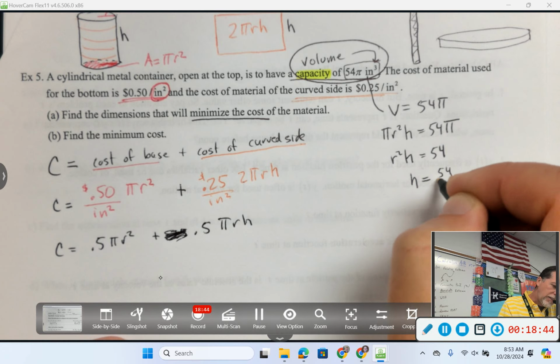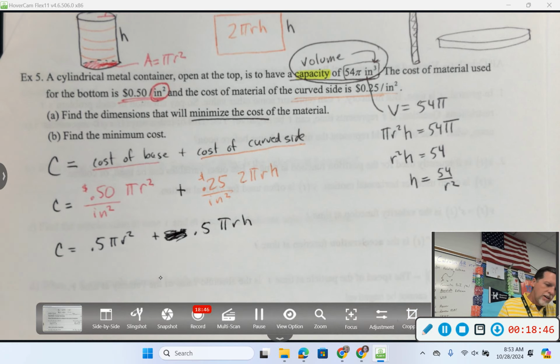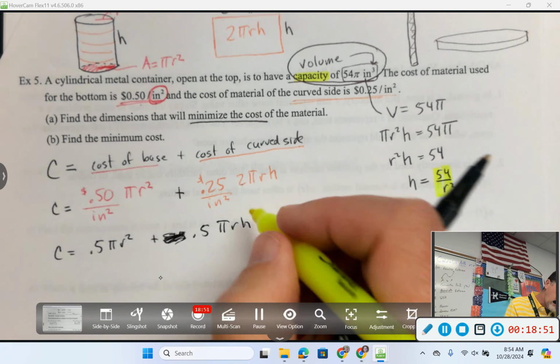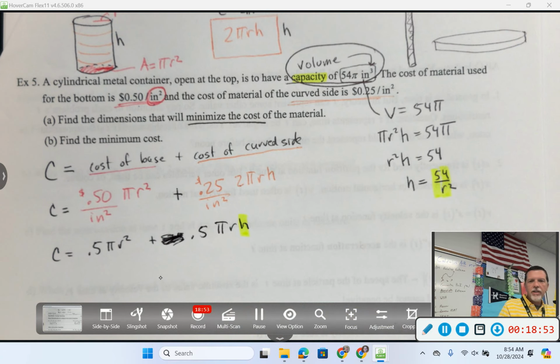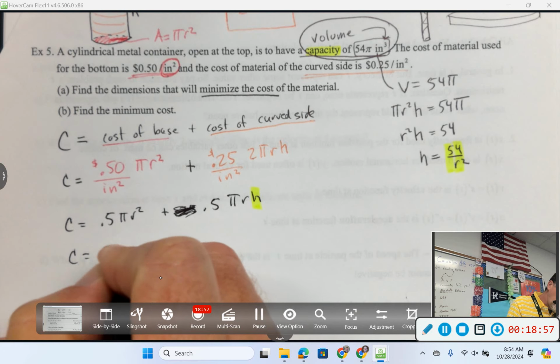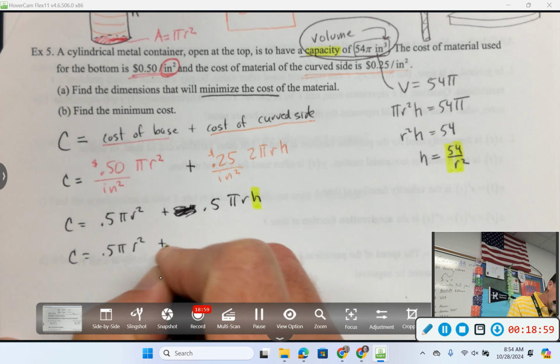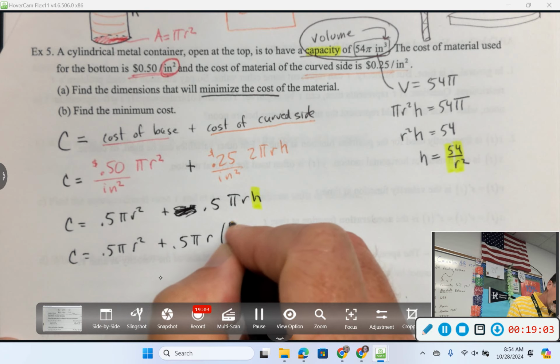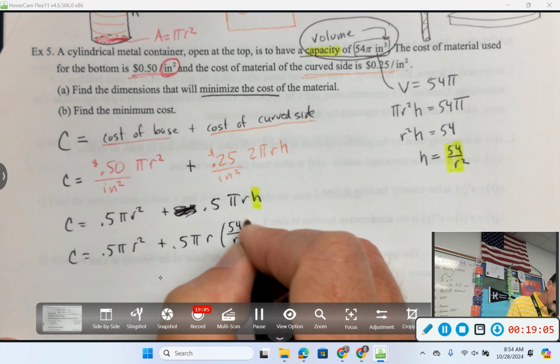So h is 54 over r squared. So my expression for h can go in over here. So c equals 0.5 pi r squared plus 0.5 pi r times 54 over r squared.